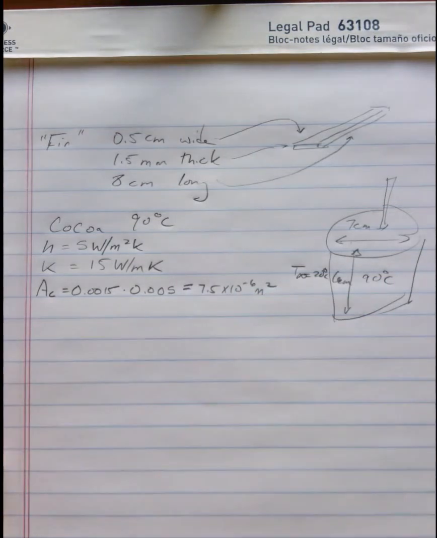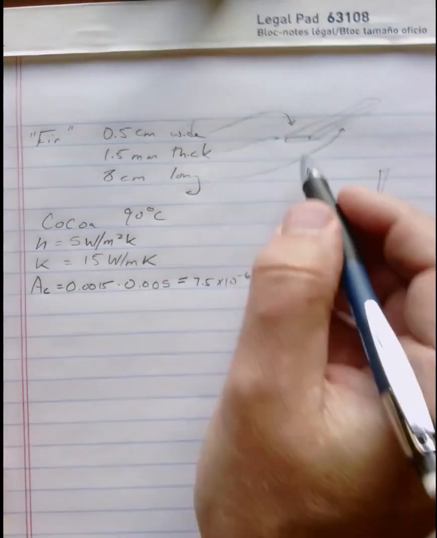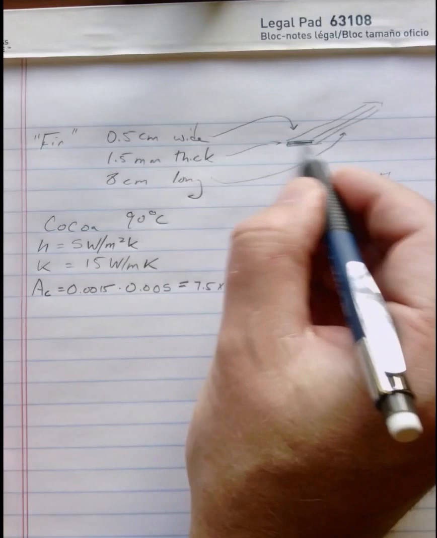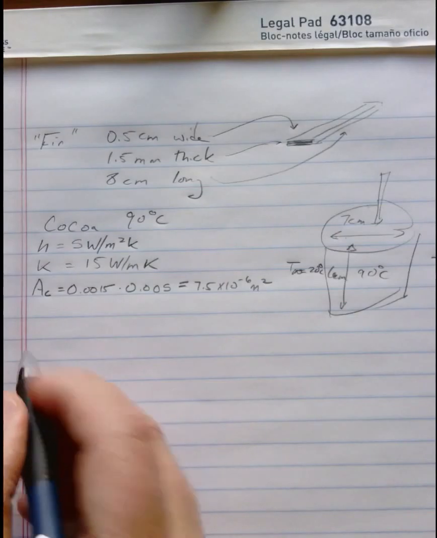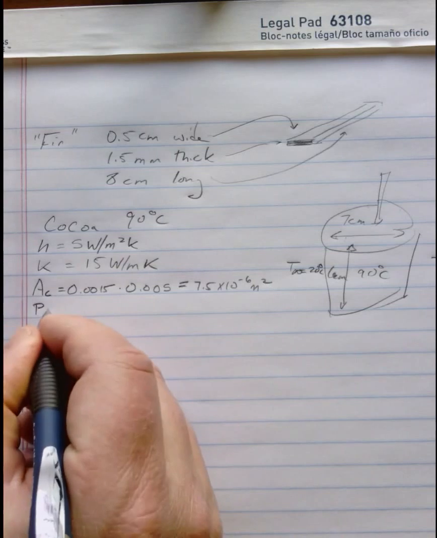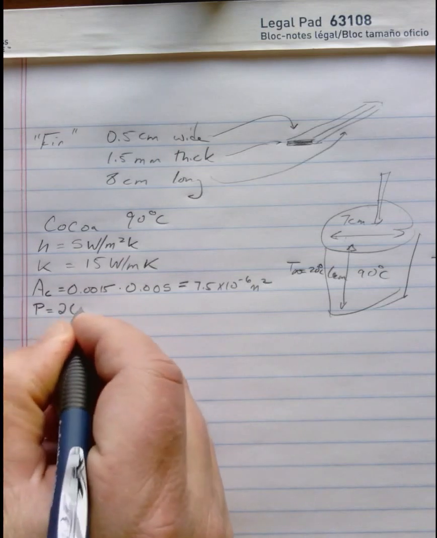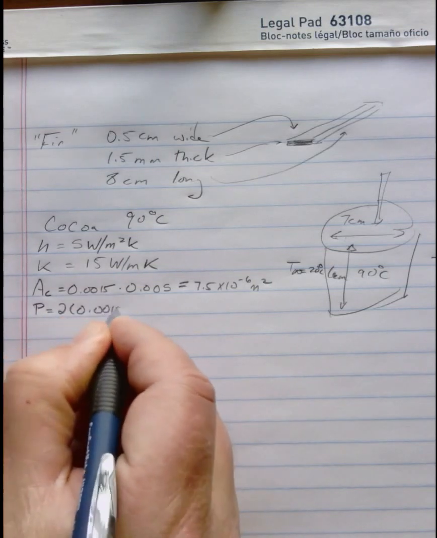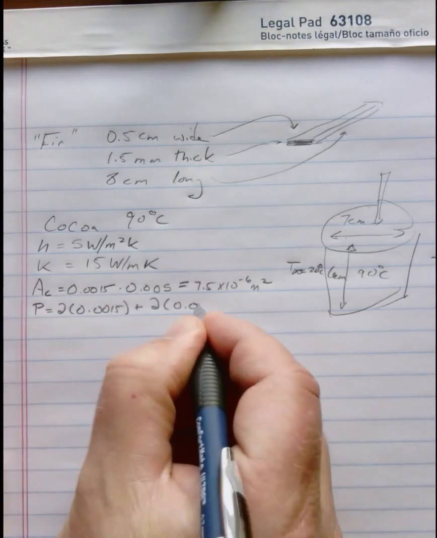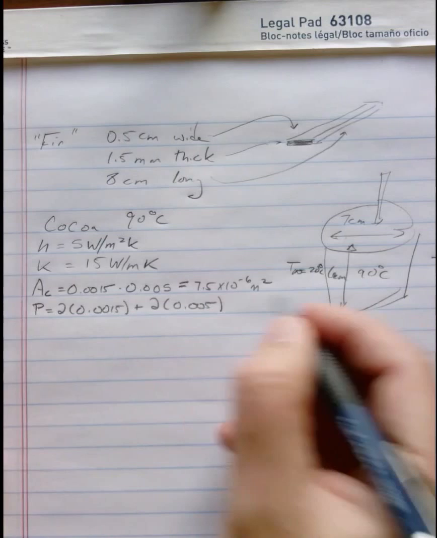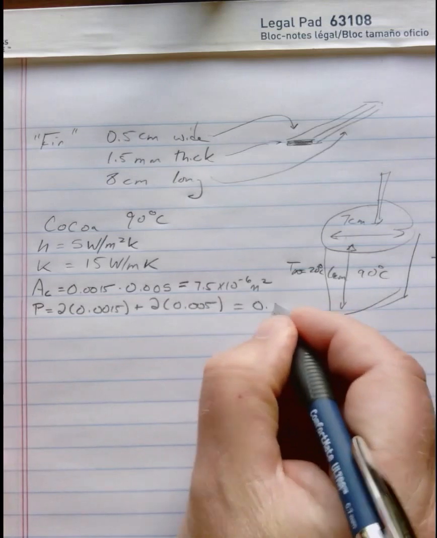That's the cross-sectional area of the fin. That's this area right here. Okay, in addition, I need the perimeter of the fin, and that is 2 times 0.0015 plus 2 times 0.005, and that's equal to 0.013 meters.